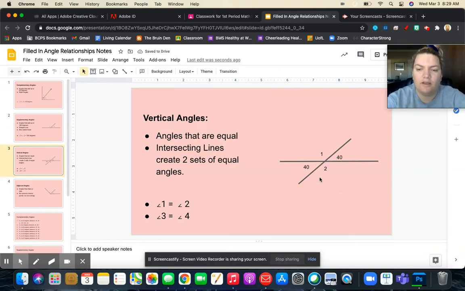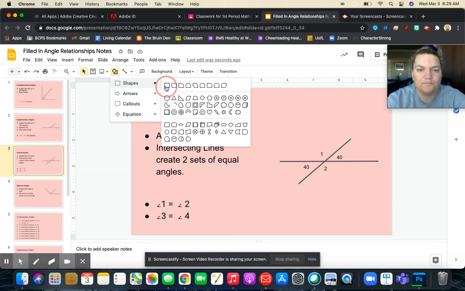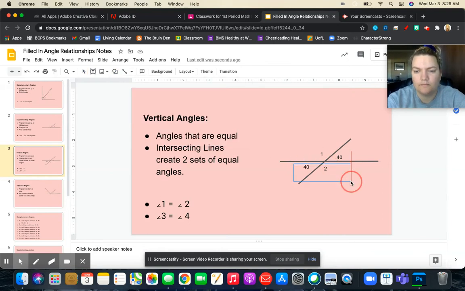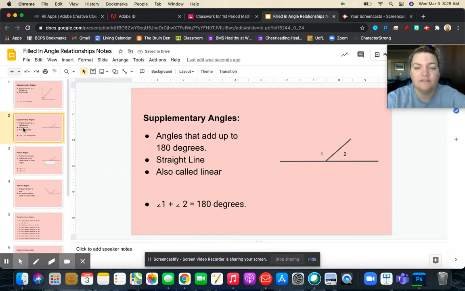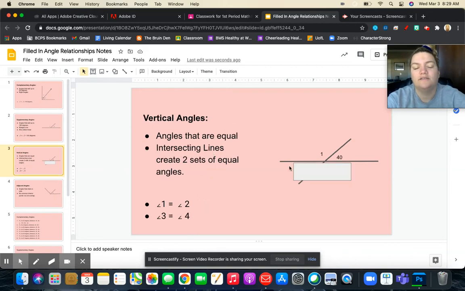But if we notice, let me grab a shape here, block out this bottom part. All right, angle 1 and angle 4, which is 40, create a straight line. They create a linear straight line, also known as a supplementary angle. So supplementary angles add up to 180.